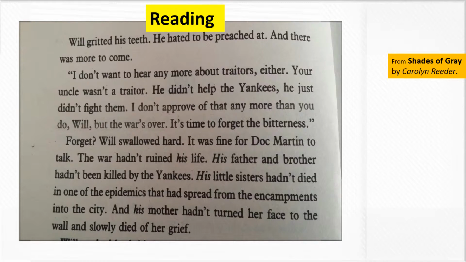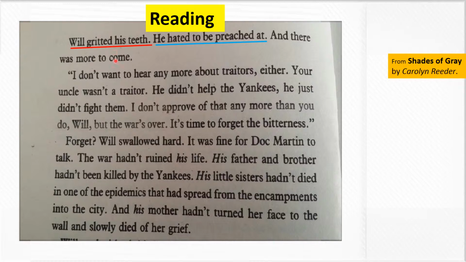Okay, let's look at it in reading. So I selected this page from Shades of Grey by Carolyn Reeder. And what stood out to me here were three examples that she used of varying sentence types. The first one is Will gritted his teeth, simple sentence. The second one, he hated to be preached at, another simple sentence.